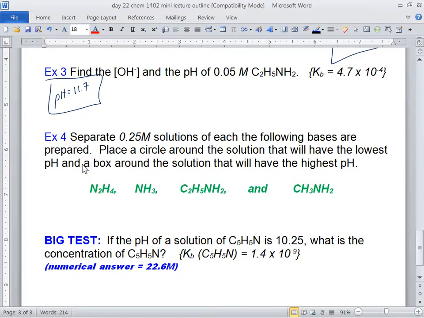Okay, so for number 3? For 4. Oh, for 4. You know, you could, but you don't have to. There's a trick. You know the trick. Because if I would have said acids, and you have this nice big table, what did we go by?